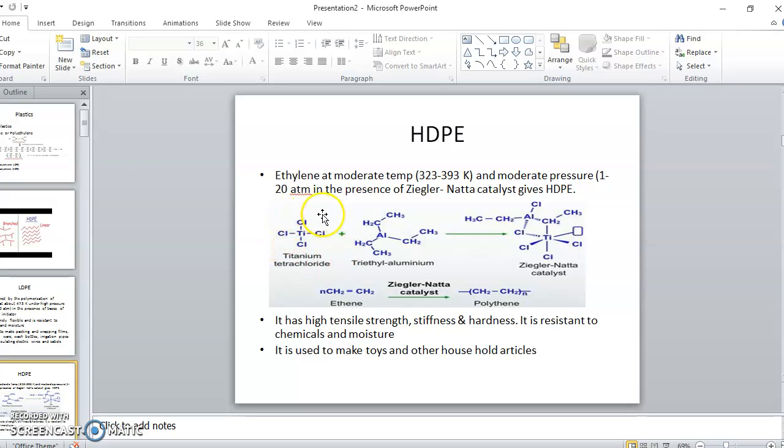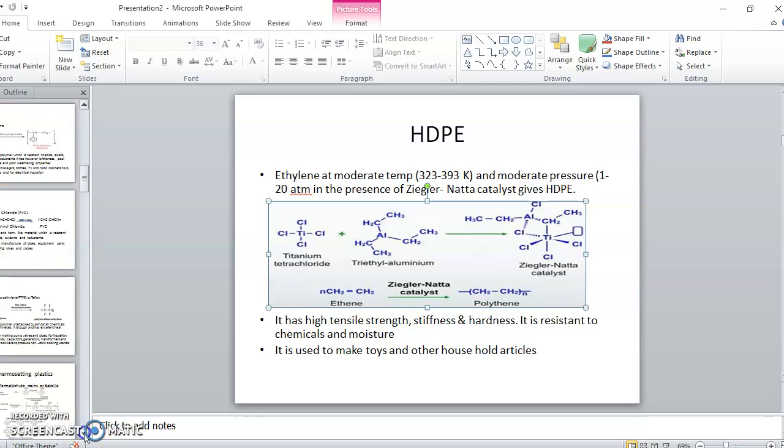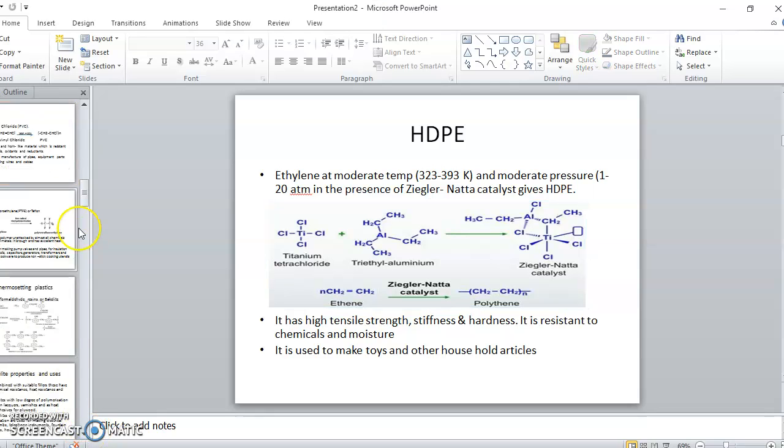What is the Ziegler-Natta catalyst? It is a combination of titanium tetrachloride and triethyl aluminum. So ethene upon polymerization with the Ziegler-Natta catalyst gives polyethylene. It has high tensile strength, stiffness and hardness. It is resistant to chemicals and moisture. It is used to make toys and household articles. So that was HDPE.